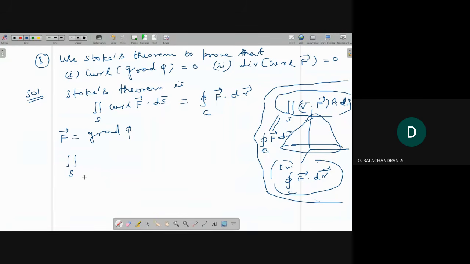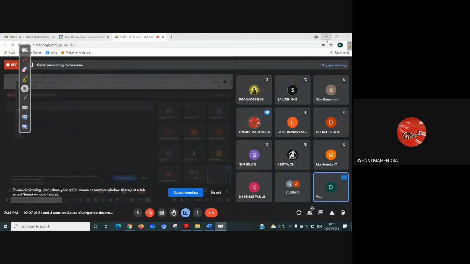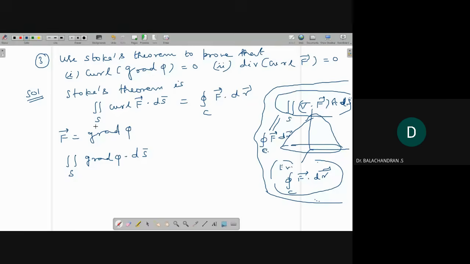Double integral over S, grad phi dot ds. Zero will come, sir. Yes, zero, correct, but we will prove it step by step.